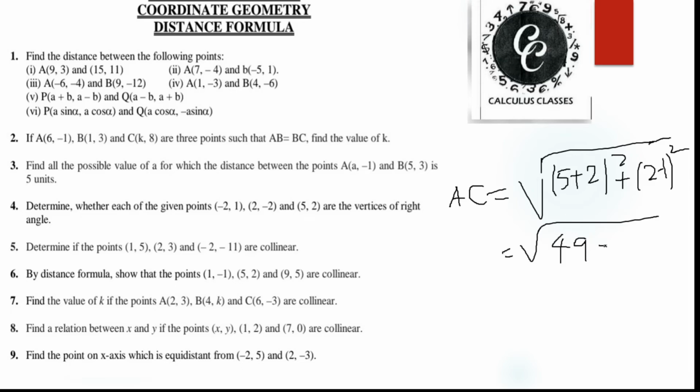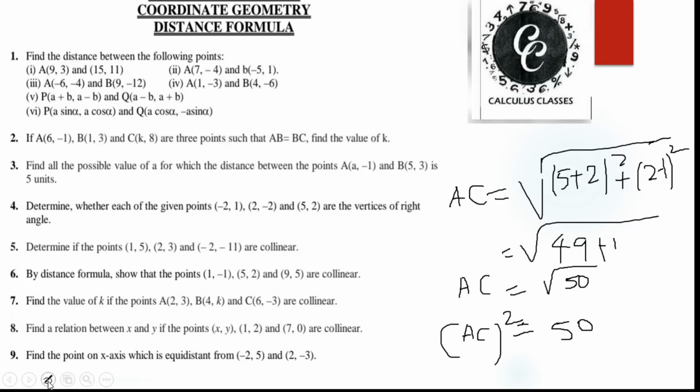And here 1. So under root 50. I hope you understood, under root 50 is AC. If you square both sides, AC squared will be equal to 50. Okay, and we found AC.